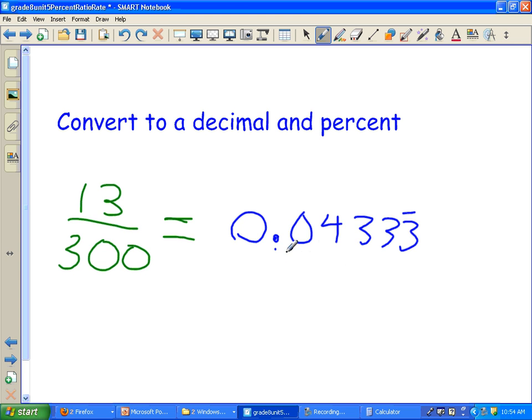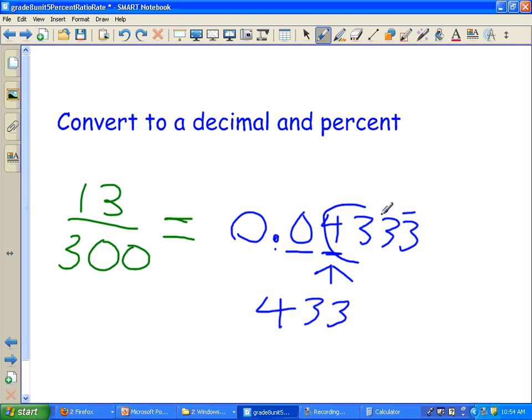So this place right here is the hundredths place. So if we keep this, we'll say it's 4, 3, 3.